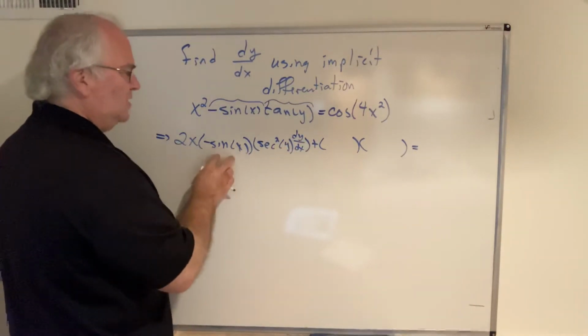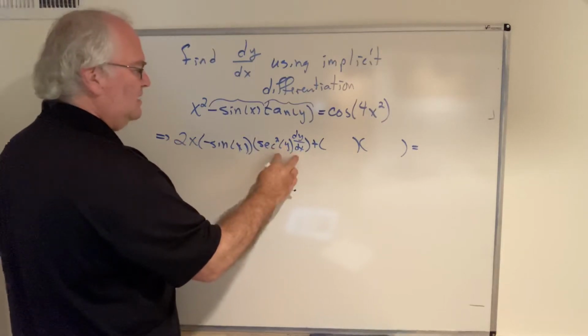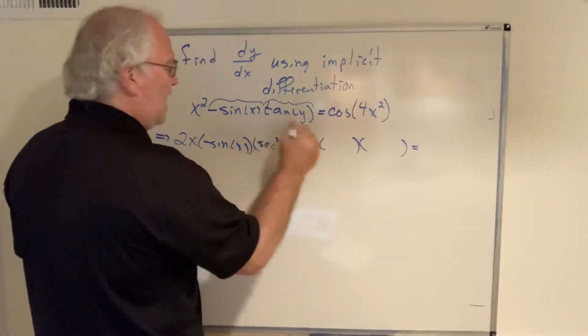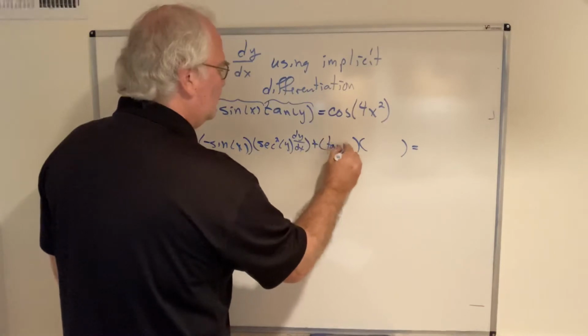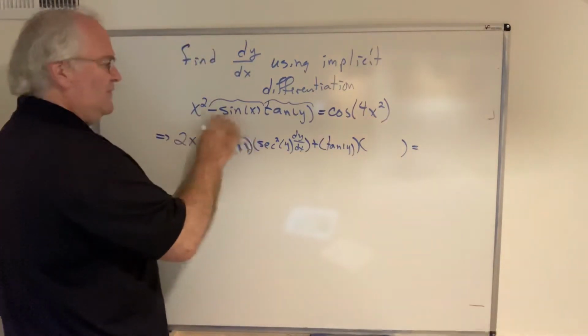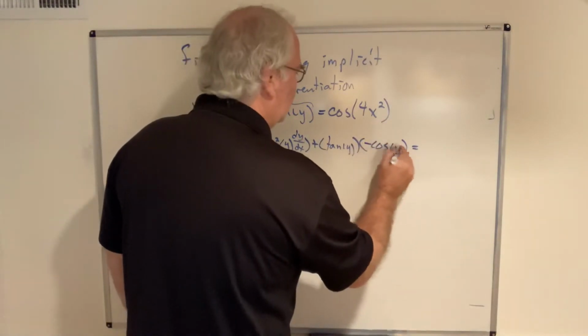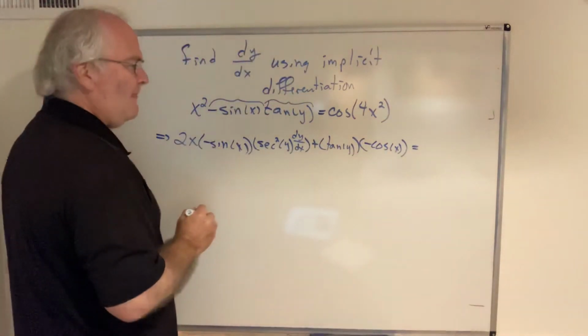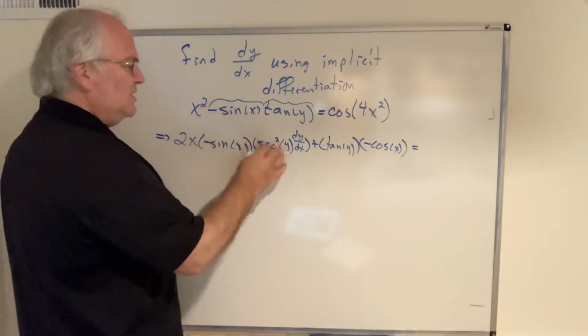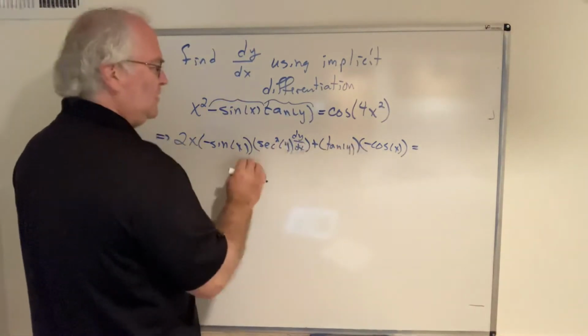All right, so first times derivative of the second plus the second, copy paste, times derivative of the first. So that's negative cosine of x. First times derivative of the second plus second times derivative of the first.